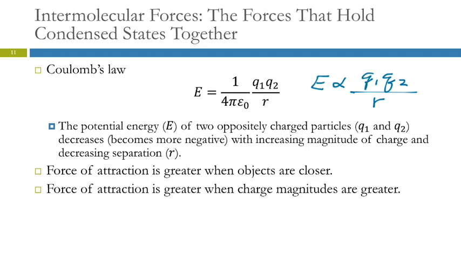If you've got a positive 2 and a negative 2 charge, you're going to have a much stronger attraction than if you have a +1 and a -1, or a partial charge, maybe a +1/3 and a -1/3. That makes sense?